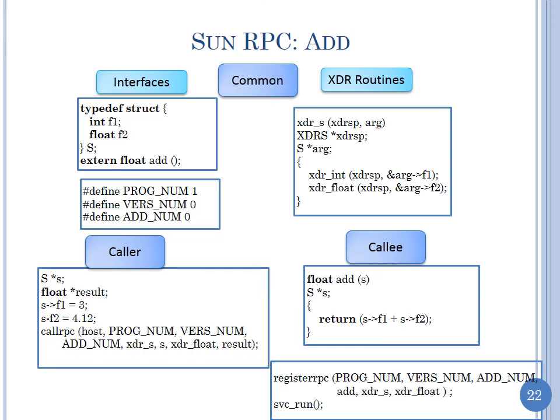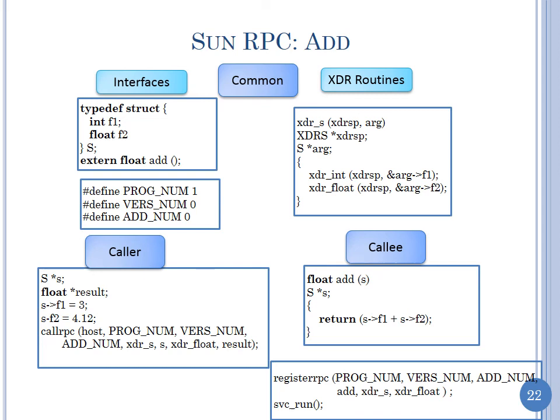And the caller goes and constructs a value of type S, because it's going to have to pass it to the remote server. It then does a call RPC, and it gives S as an argument to this call RPC, and it also uses the named constants that have been declared by the server, by the callee. It passes them to call RPC.